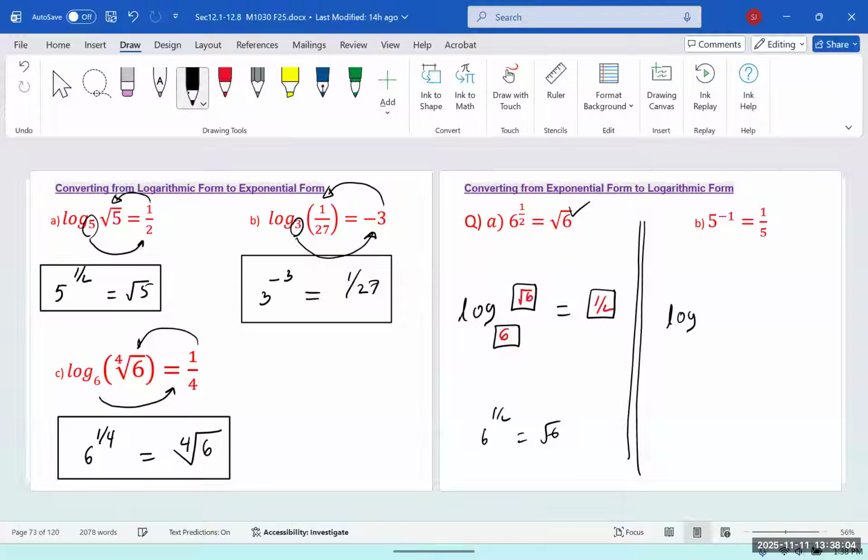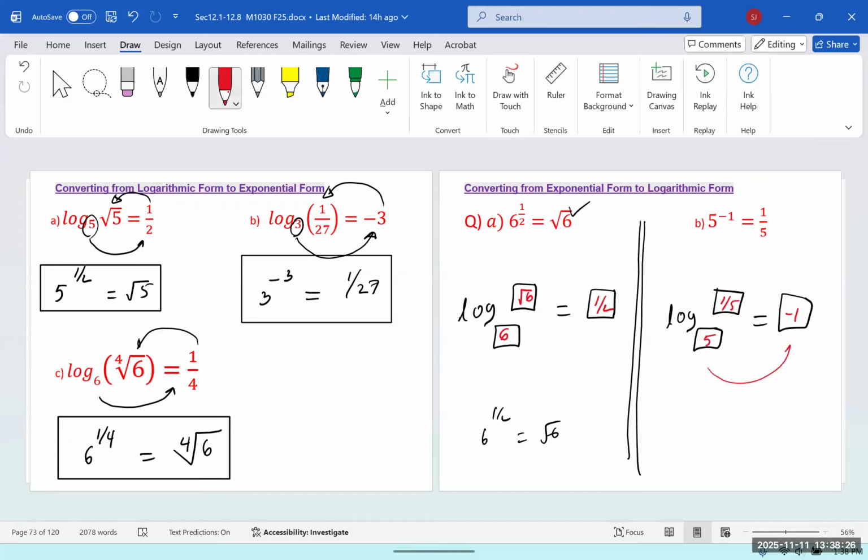Next one, who would like to try next one? We need a base, argument, and the value of the exponent. Mariana. The base is 5, the argument is 1/5, and negative 1, the other side.